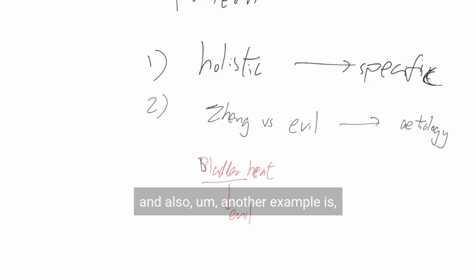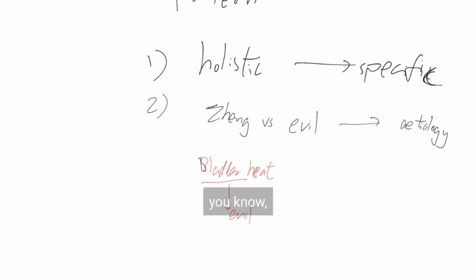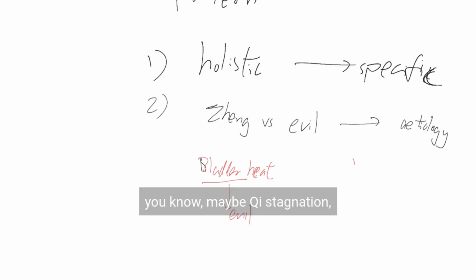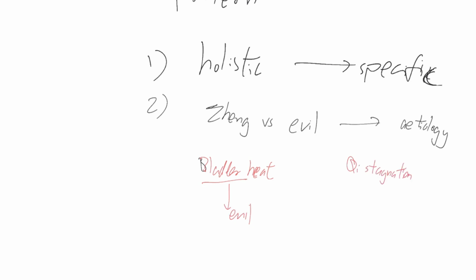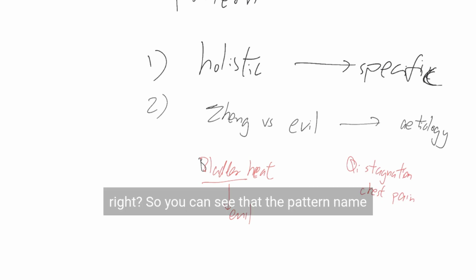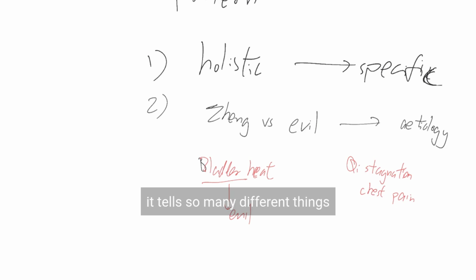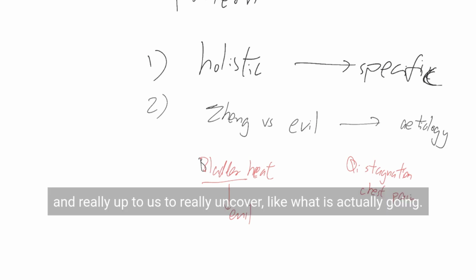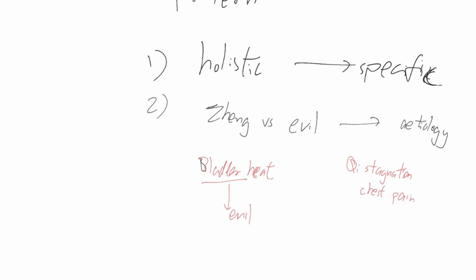Another example is maybe qi stagnation, maybe chest pain. That's telling us the etiology and also the disease itself. So you can see that the pattern name tells so many different things, and it's really up to us to uncover what is actually going on.